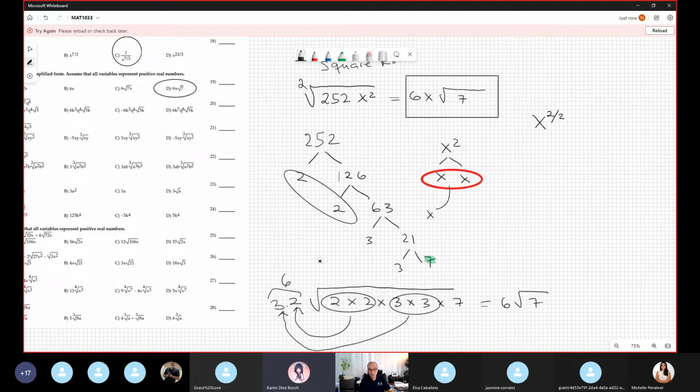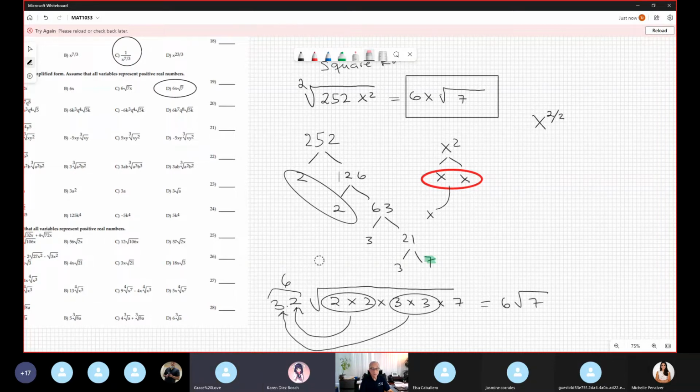What about, professor, if the exponent is an odd number, 3, 5? Well, let's see it now. But in this problem, no, it's a nice example in which the exponent is an even number, and 2 divided by 2 is 1, and this is 1 x outside the radical and no x inside the radical. Cool?